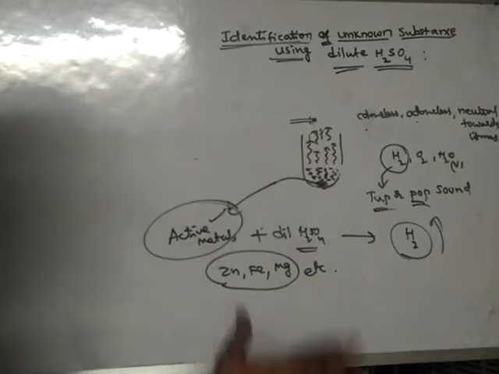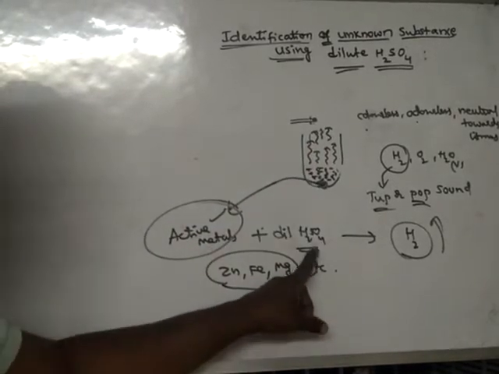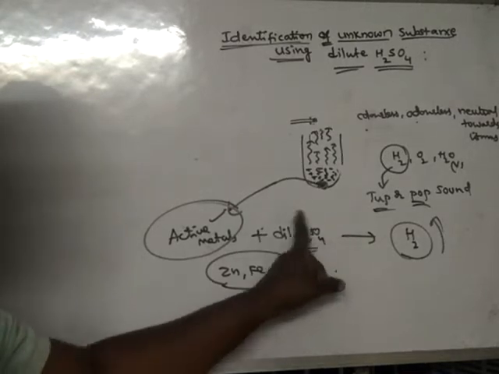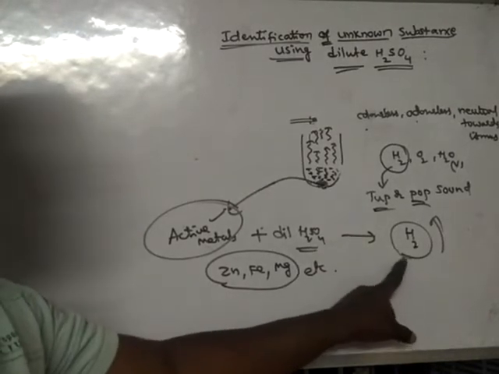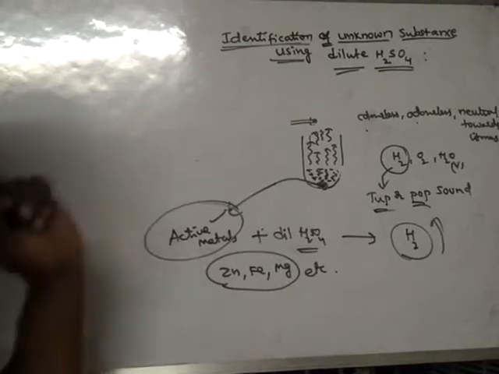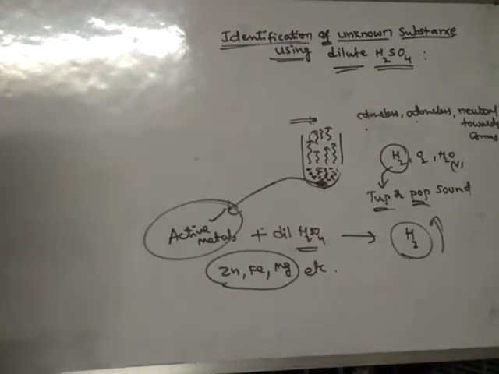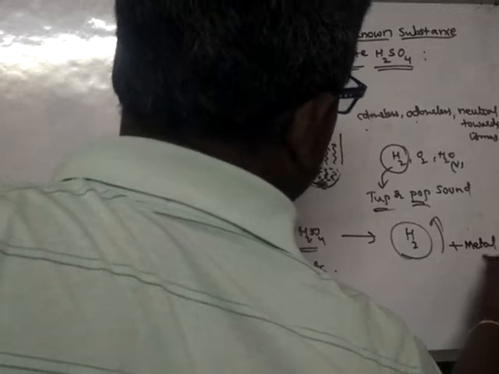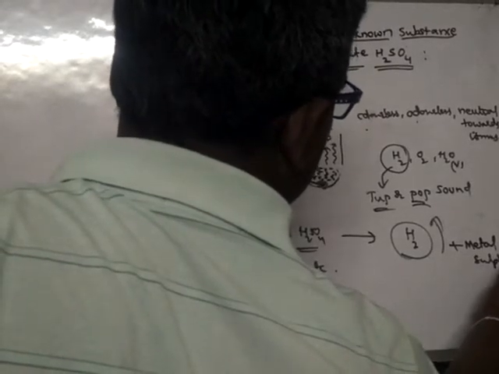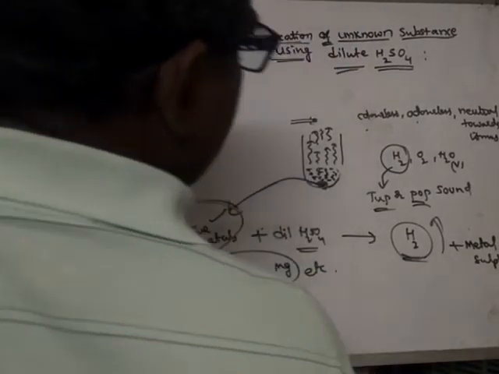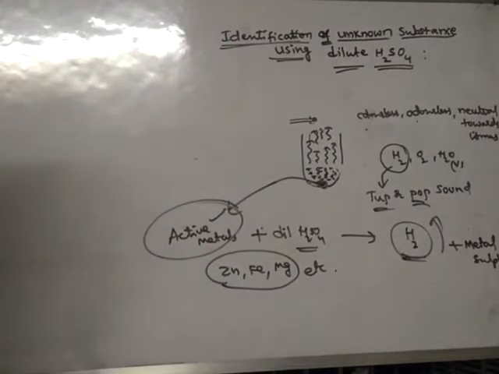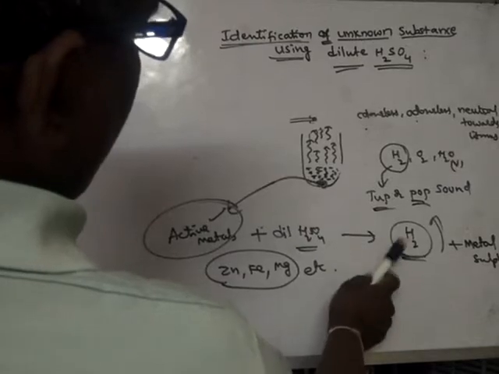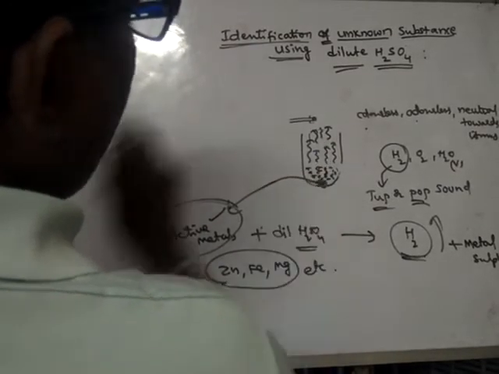So in this way we can identify the given substance by using dilute sulfuric acid, because hydrogen gas is liberated only by active metals with dilute sulfuric acid. Along with this you will get metal sulfate also, but here we are interested in the gas. How do we identify whether this gas is hydrogen or not?